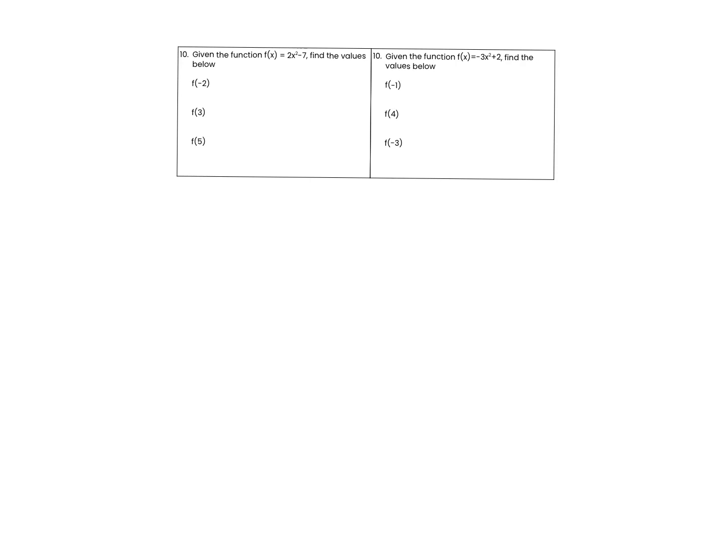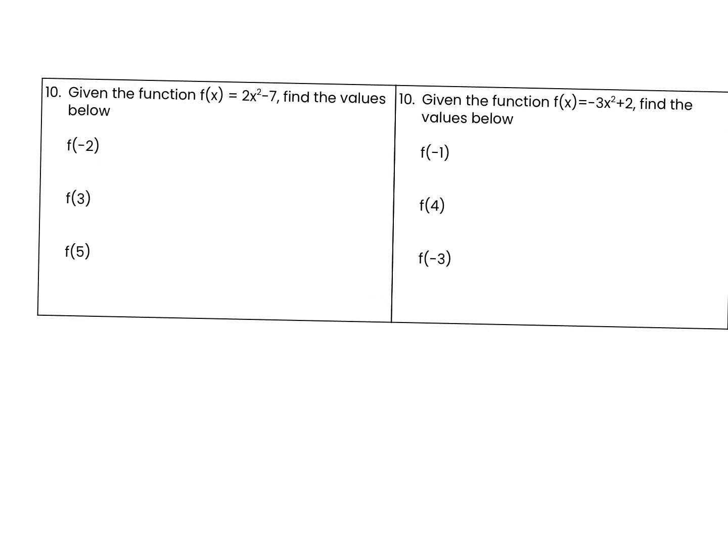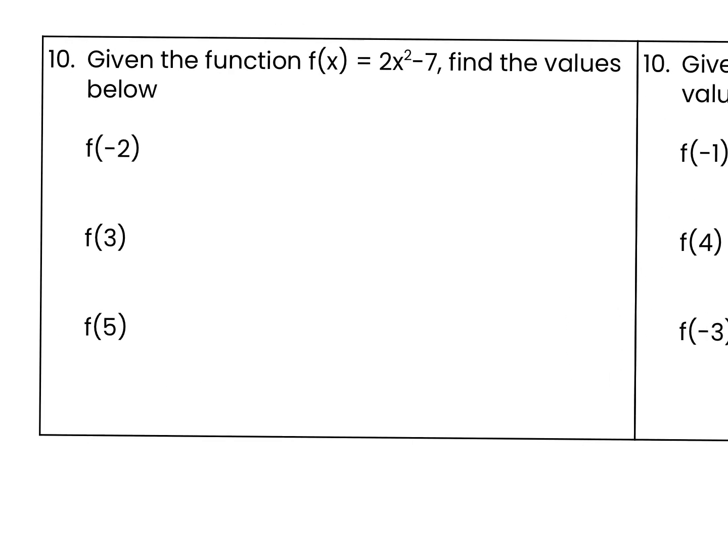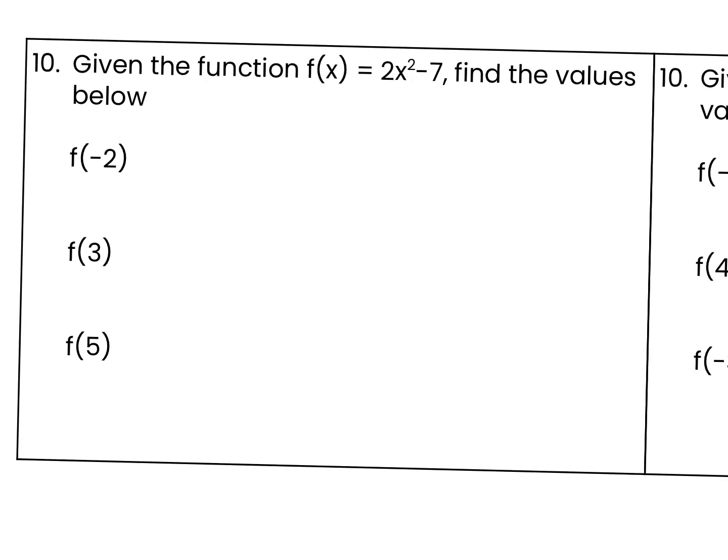The very last couple problems, again, is doing evaluation of a function at x values. Remember that these are your x values, and so I'm going to put it into the function.